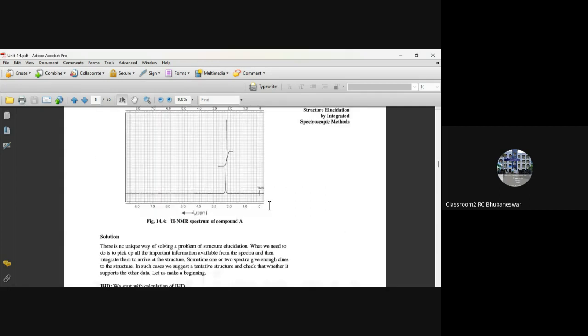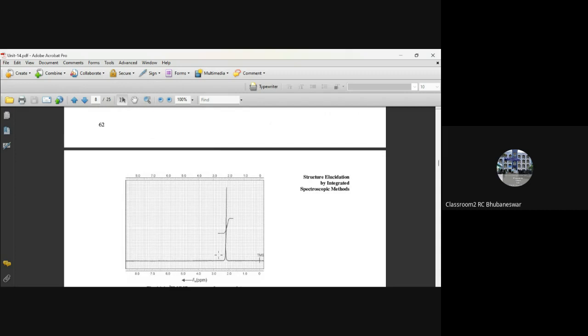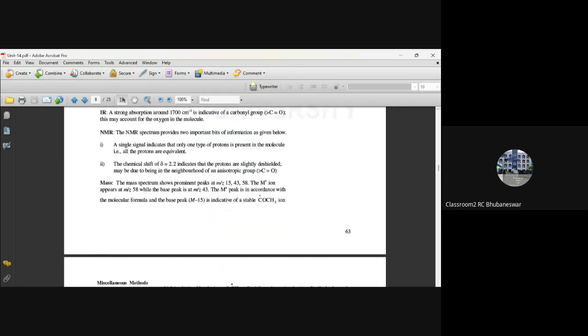This is a very clear NMR peak with the reference TMS peak and an intense peak just after 2. So all the protons are equivalent, because the chemical formula shows 6 protons.